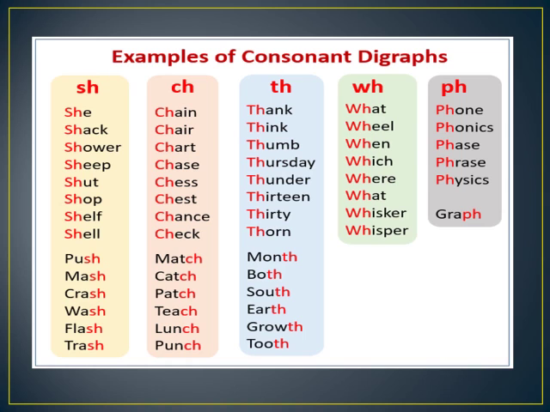Let's look at some examples. These are the examples of consonant digraphs: sh, ch, th, as in thank, think, thump, Thursday, thunder, and wh, as in what, wheel, and ph, as we talked about in this example.